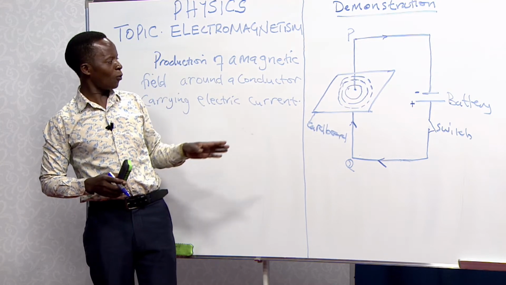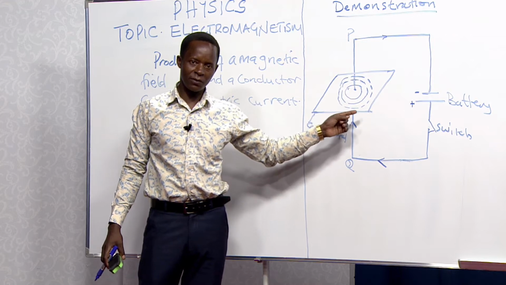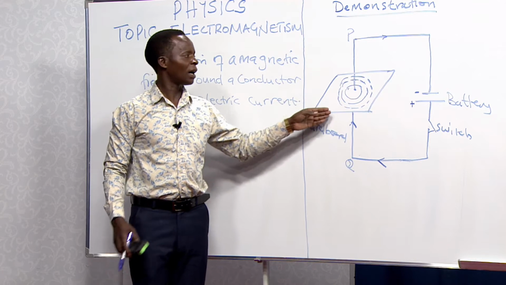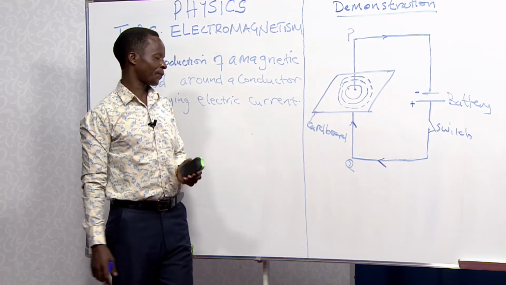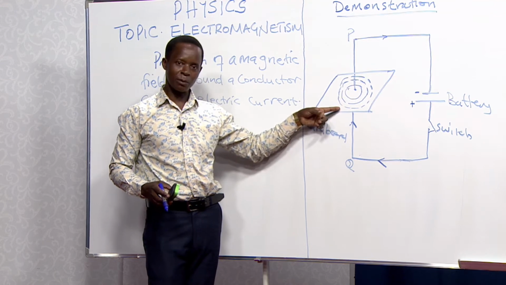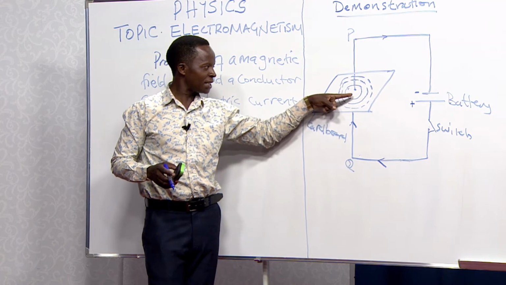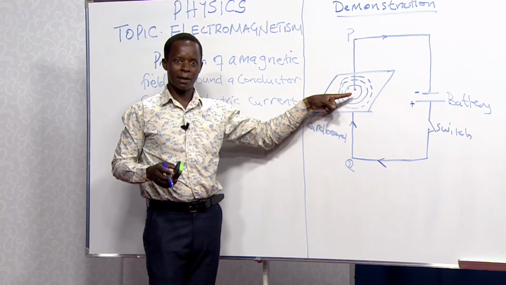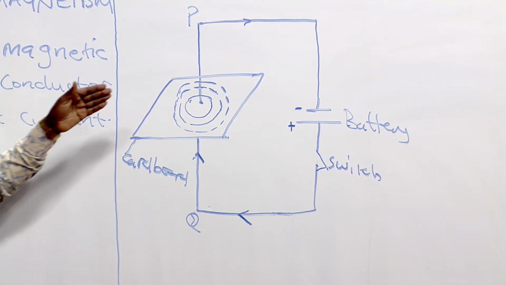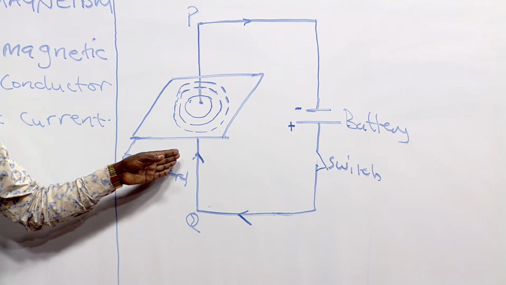But if you want to know the direction of the magnetic field produced, then you can use a compass needle. Instead of pouring these iron filings on the cardboard, you just get a compass needle and press it near this wire. The compass needle will show you the direction of the magnetic field around this wire.